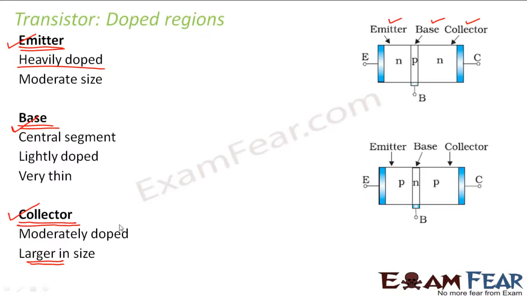Similarly, the junction between the base and the collector is known as the base collector junction. So this is my emitter base junction and this is base collector junction.